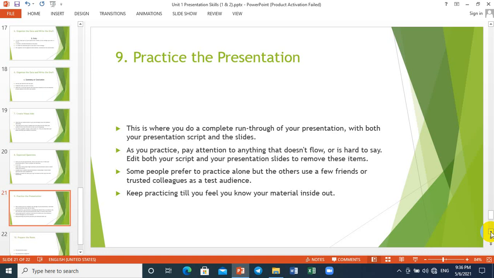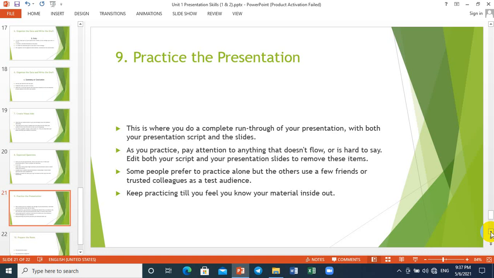We need to use the script because we just write the main idea in our slides, and we write the information that we use to explain the main idea in our script. So we need to use them in our practice.